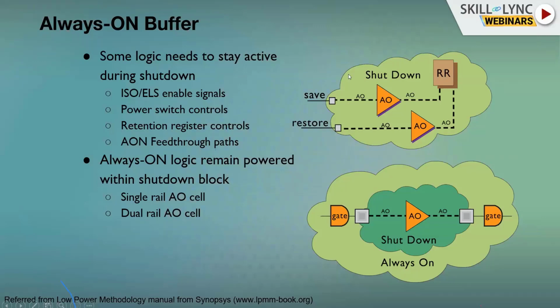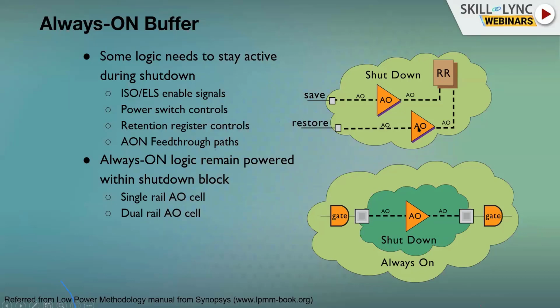If you see this diagram, this whole yellow region is going into off. If I put a normal buffer or normal cell here, that will also go into off, and this whole signal will be corrupted. So instead I put an always on buffer cell, which stays on instead of going into off state, and this particular path will be active. That is the advantage of using always on buffer cells.